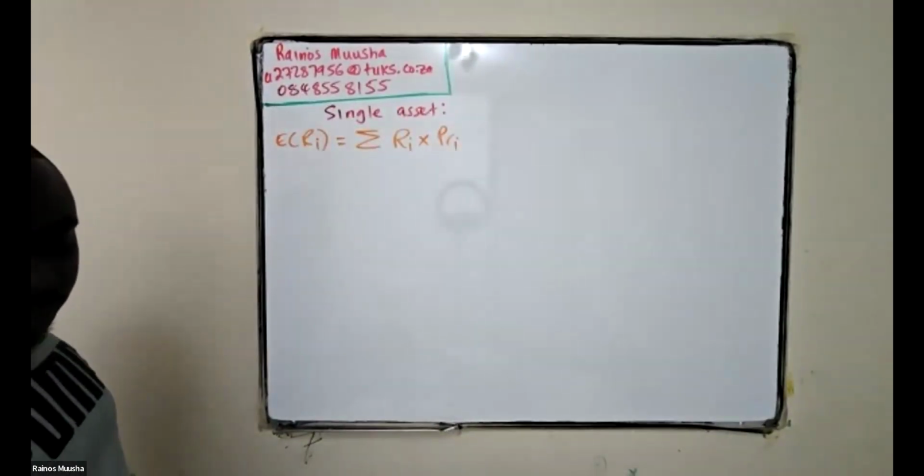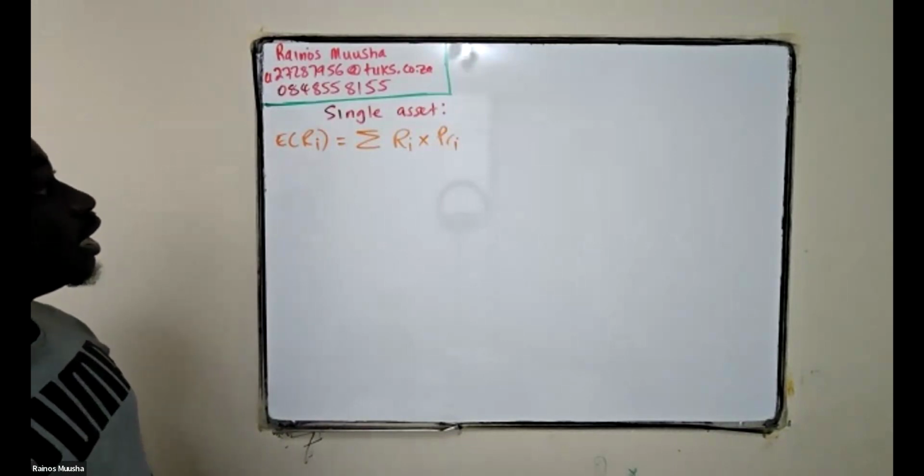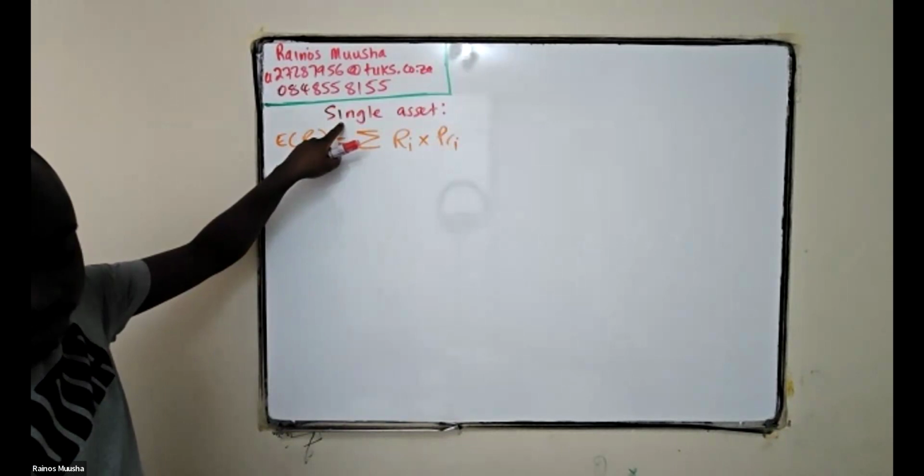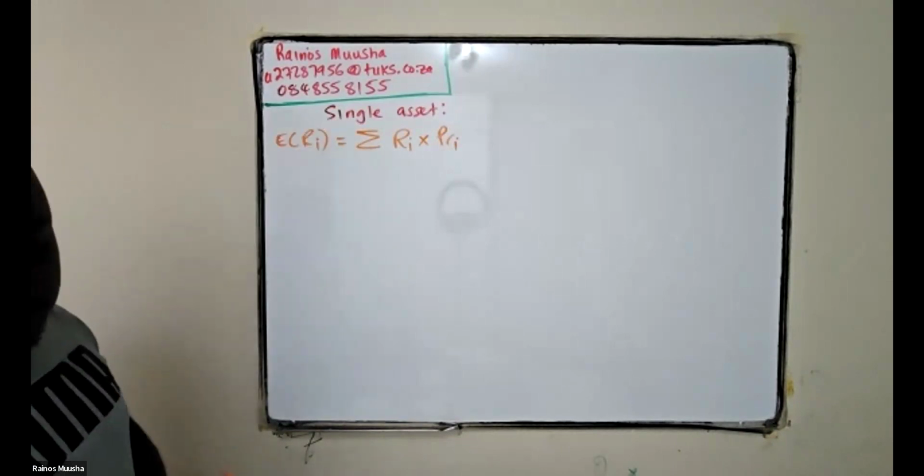And that's how you are able to determine the expected return of a single asset. If you're asked to determine the expected return of a single asset, that's the formula that you should use.